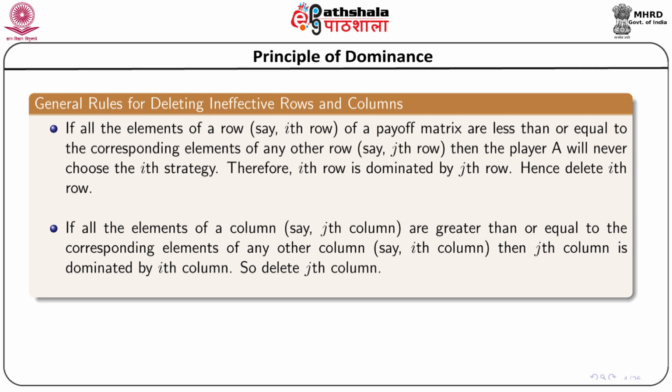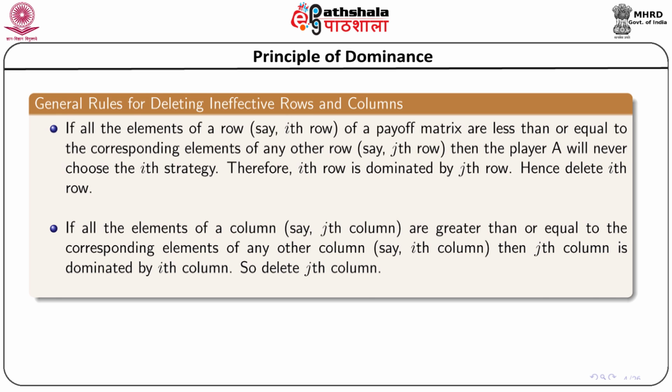For deleting the ineffective rows and columns, these general rules are to be followed. If all the elements of a row, say ith row of a pair of matrix, are less than or equal to the corresponding elements of any other row, say jth row, then the player A will never choose the ith strategy.